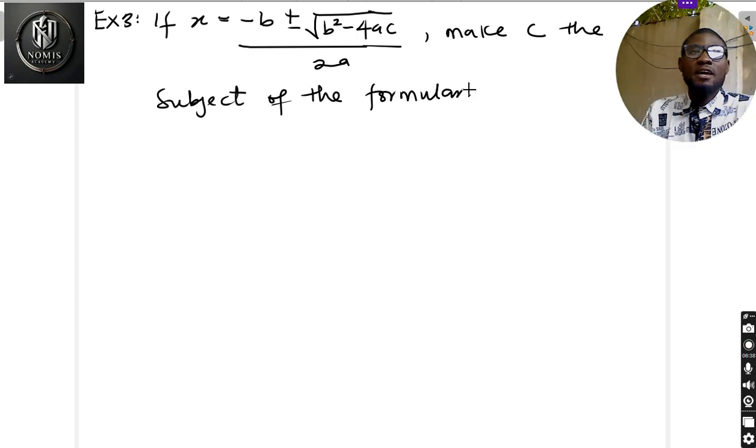So you can see this question: if x is equal to minus b plus or minus the square root of b squared minus 4ac all over 2a, you should make c the subject of the formula.